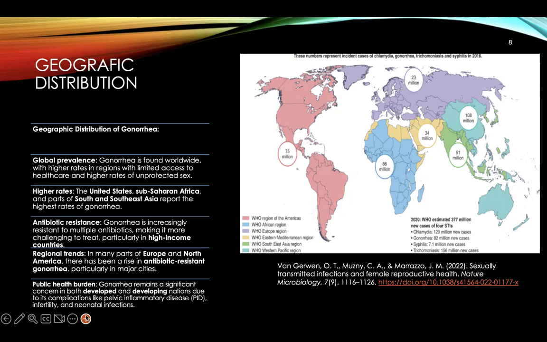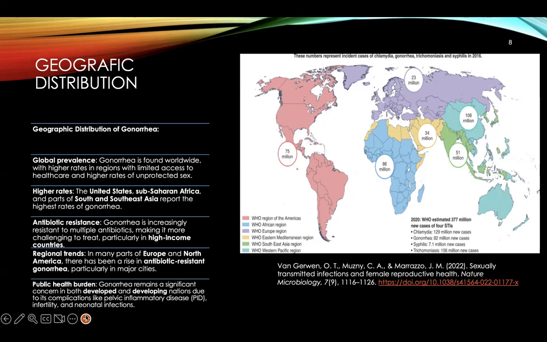Another factor is antibiotic resistance. Gonorrhea is increasingly resistant to multiple antibiotics, making it more challenging to treat, particularly in high-income countries. Regional trends: in many parts of Europe and North America, there has been a rise in antibiotic-resistant gonorrhea, particularly in major cities.